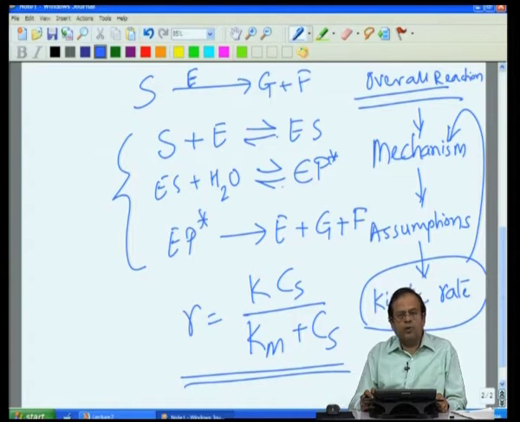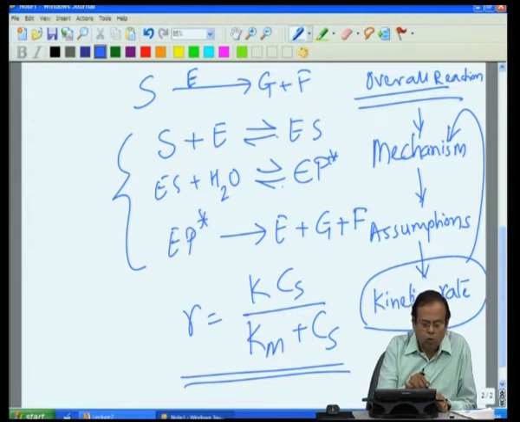Now, before we go on to examples, one more point to be noted: when it comes to mechanisms, there are two kinds of mechanisms. One, what we call open sequences.